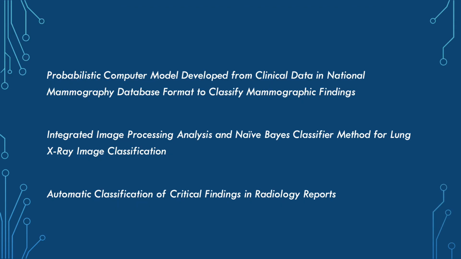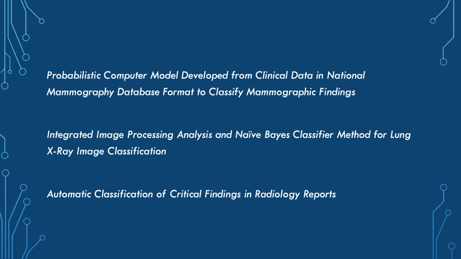The naive Bayes algorithm is popularly used in text analysis due to its simplicity and its often surprisingly powerful results. However, there are a number of other applications of it, as delineated in the studies listed here. The link will be present in the description. Later on in this talk, towards the end, we'll discuss another paper that uses the naive Bayes algorithm to delineate different kinds of bone tumors.